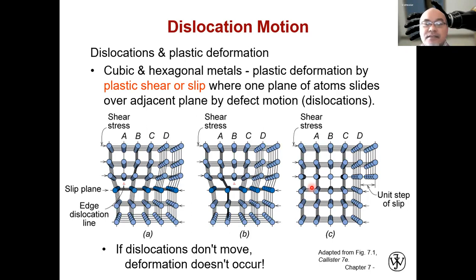So in cubic and hexagonal metals, plastic deformation occurs by shear or slip. In this case, one plane of atoms will slide over the adjacent plane by defect motion, by the dislocation motion. For example, we have here this crystalline structure, and there is this edge dislocation line.